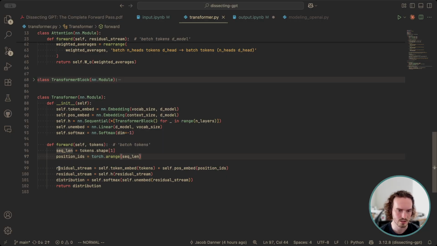Then our residual stream, our first hidden state 0, we're going to call our tokens embed and our positions embed and add those together. Then we run our residual stream through our transformer blocks. Ultimately we end up with that probability distribution, and that's what is returned.